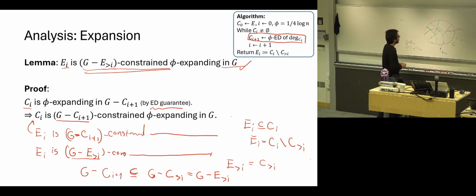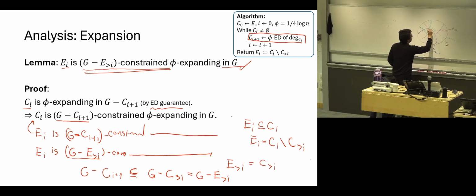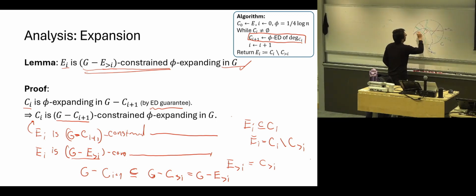We just need to look at this component. You have this component, this component, and this component, all the components created by blue and red. We need to say that the green thing inside each black component here is expanding. But it might not be expanding in this component.